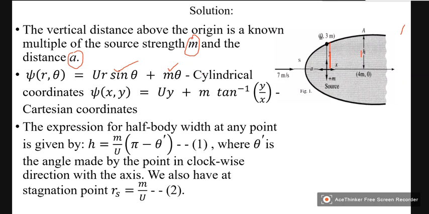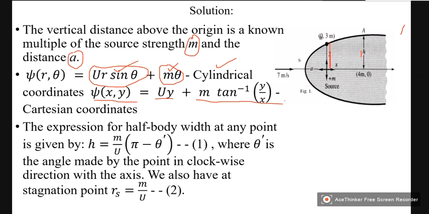So we consider cylindrical coordinates. In cylindrical coordinates, the stream function for uniform flow is UR, and the stream function for source is M theta. The same thing in Cartesian coordinates: psi(x, y) is equal to Uy plus M tan inverse y by x.